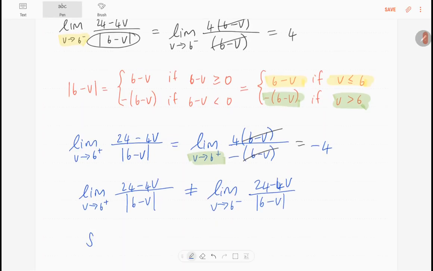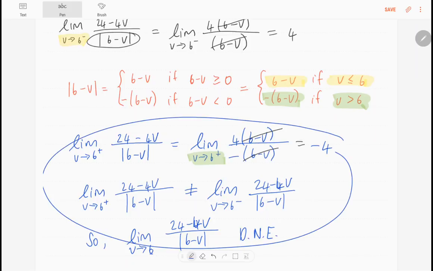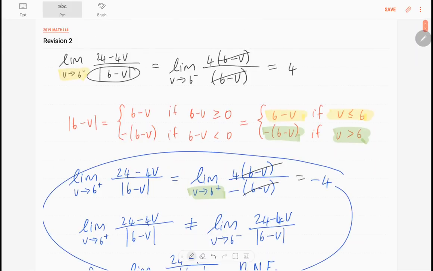So the limit as v approaches 6 of 24 minus 4v over the absolute value of 6 minus v does not exist. However, we were not asked for this. We were only asked to work out the limit as v approaches 6 from the left, and for that our answer is 4.